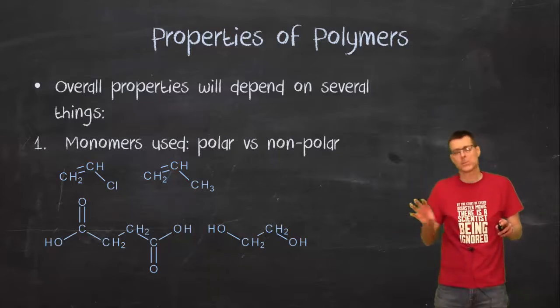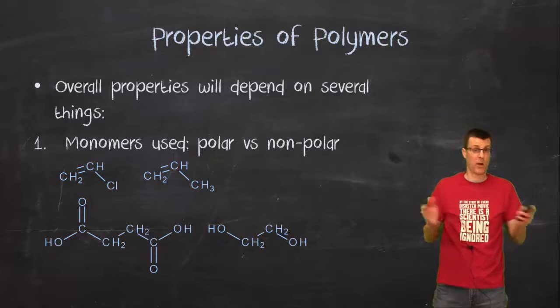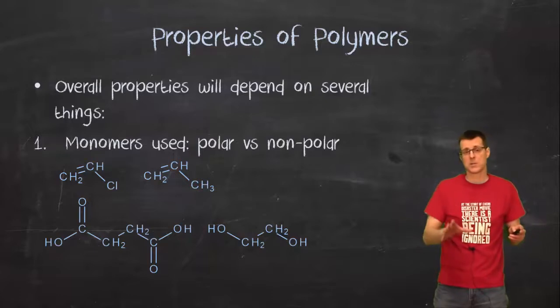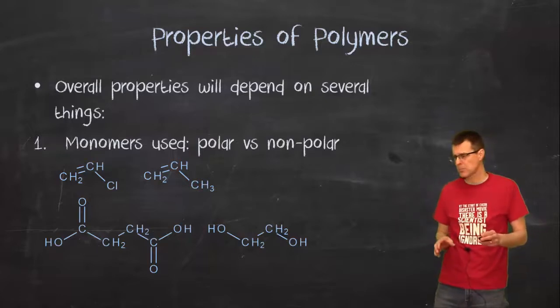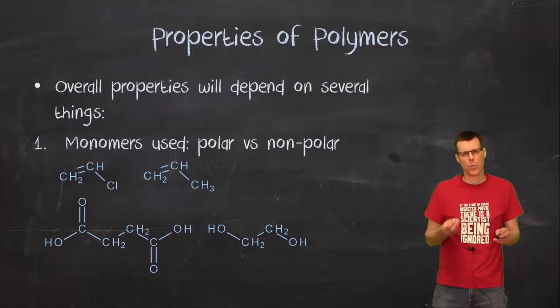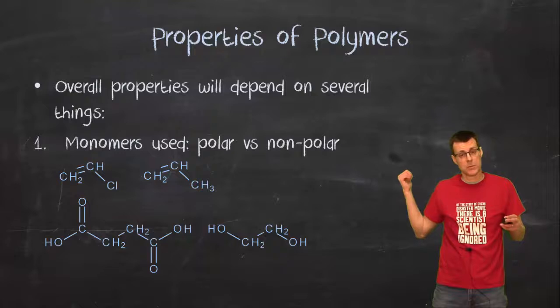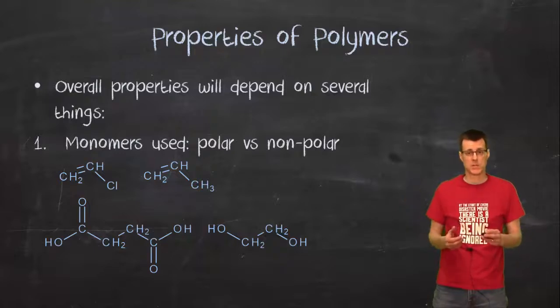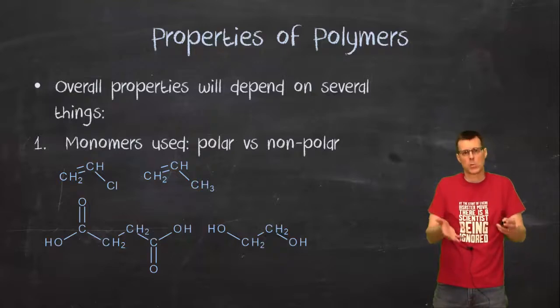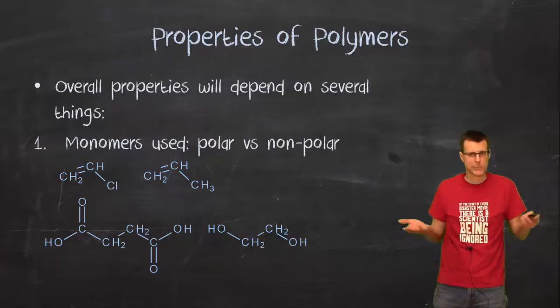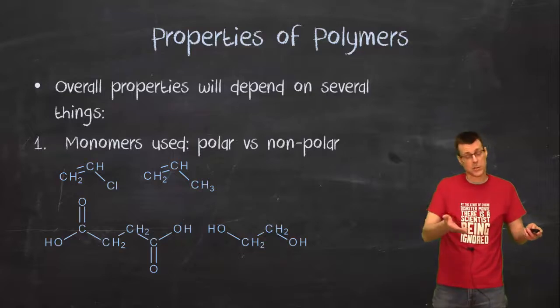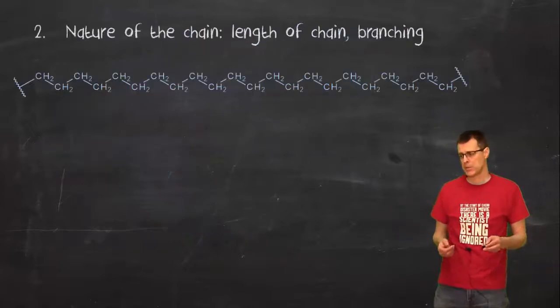Polar polymers don't necessarily. There are a couple that are water soluble. We'll talk about those another time. But how they interact with water is going to be a thing. And it could also influence their melting points and things like that. Just how other polar molecules have properties with respect to not only solubility, but also melting points.